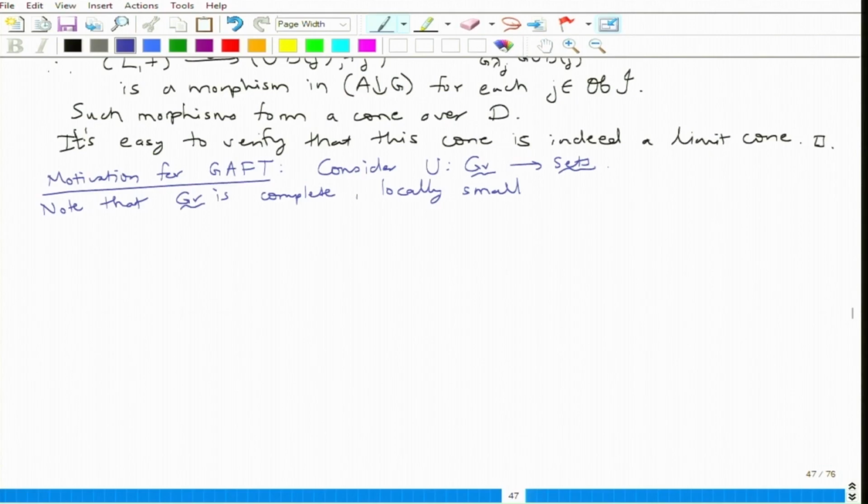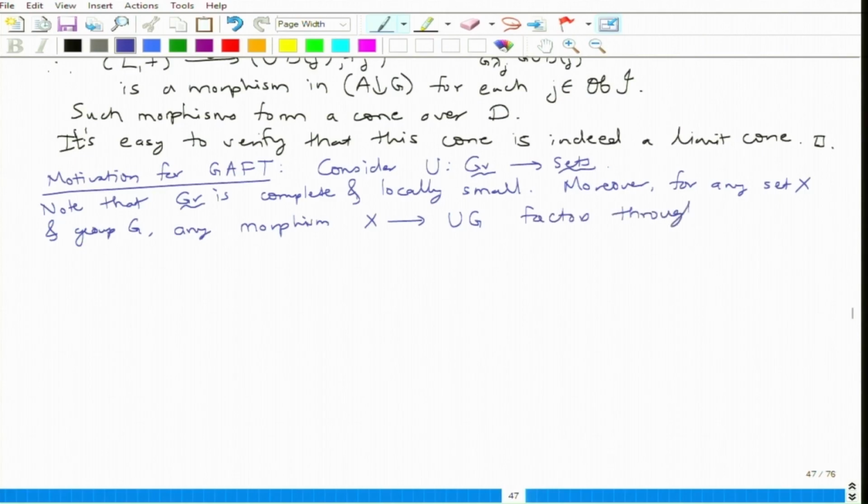These two properties are true, and moreover, for any set X and group G, any morphism from X to the underlying set of the group G factors through UG prime, where G prime is a subgroup of G generated by, if I am calling it F, then F of X.